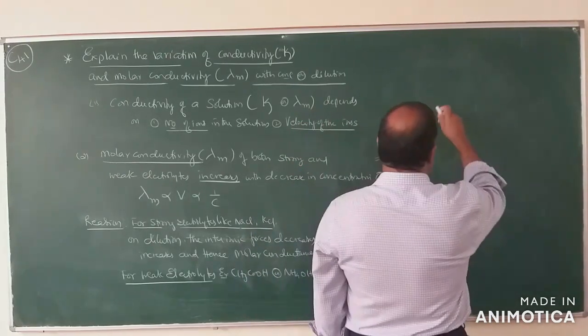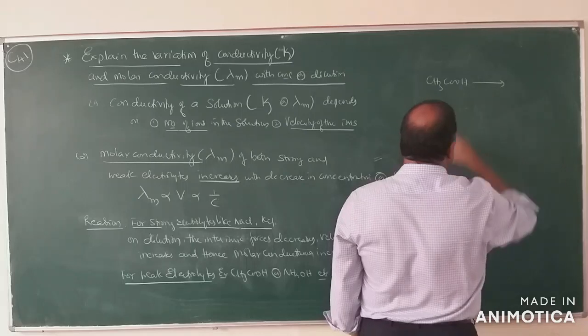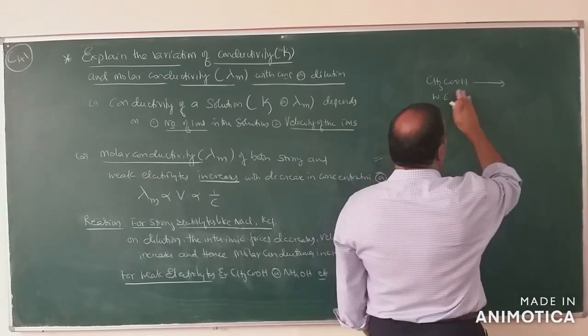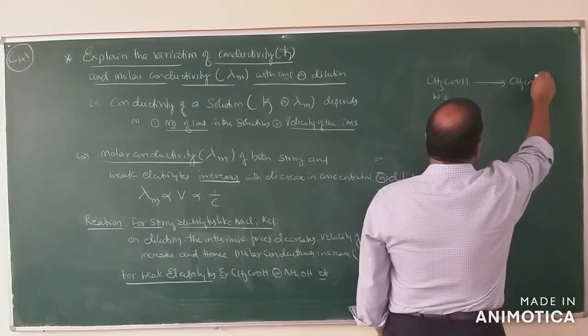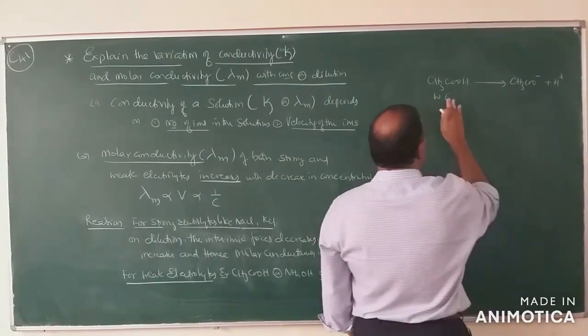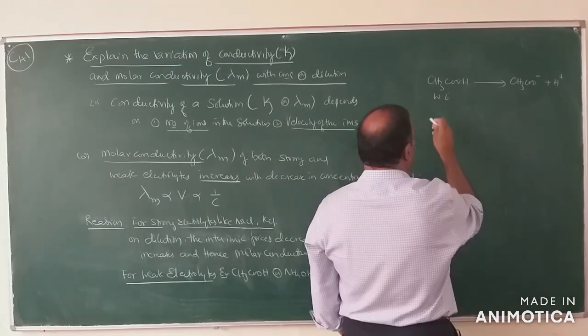For weak electrolytes, say for example, CH3COOH is a weak electrolyte. It dissociates partially to give CH3COO minus ions and H plus ions. Since it is a weak electrolyte, the degree of dissociation is less.